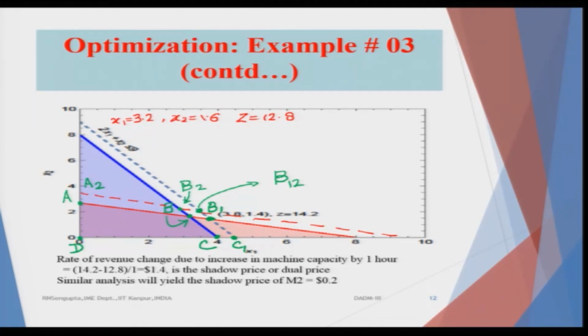The nomenclature should be clear. So, A2 is now changing for the combination of both changing, C1 is also for both changing, and B12 is the common point.